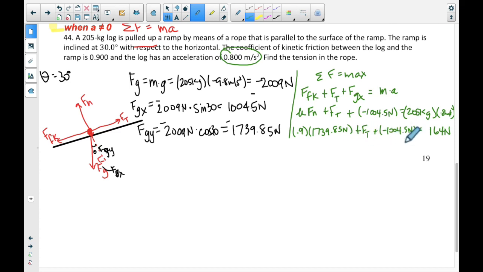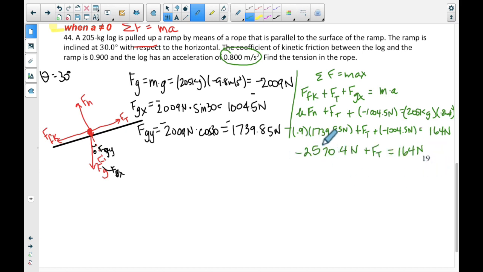So let's just go back and make sure. Force of gravity in the x direction is going to the left, so that is negative. This first number is the frictional force. It should also be negative because it's going to the left as well. The force of tension is positive because it's going to the right. Okay, so now if I get out my calculator and I multiply some of these numbers and add them together.